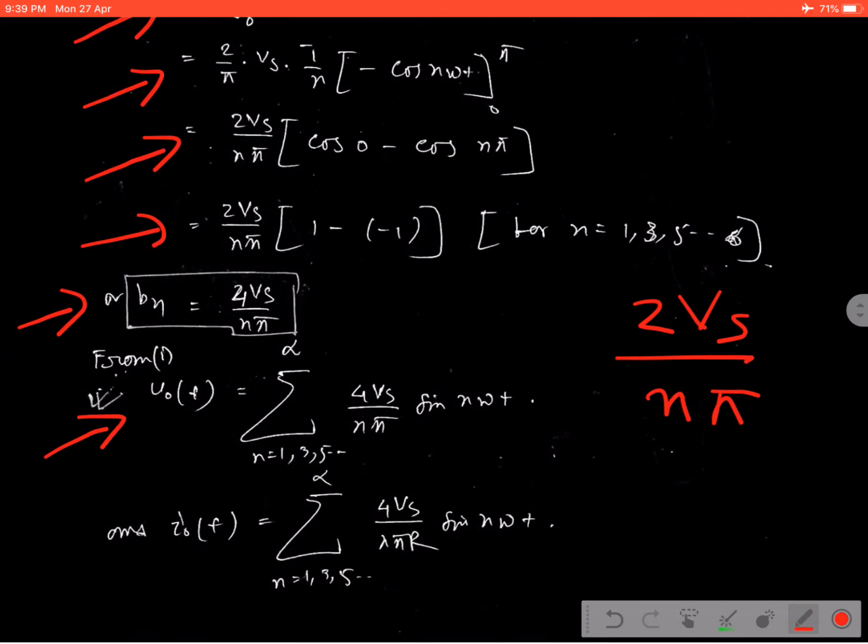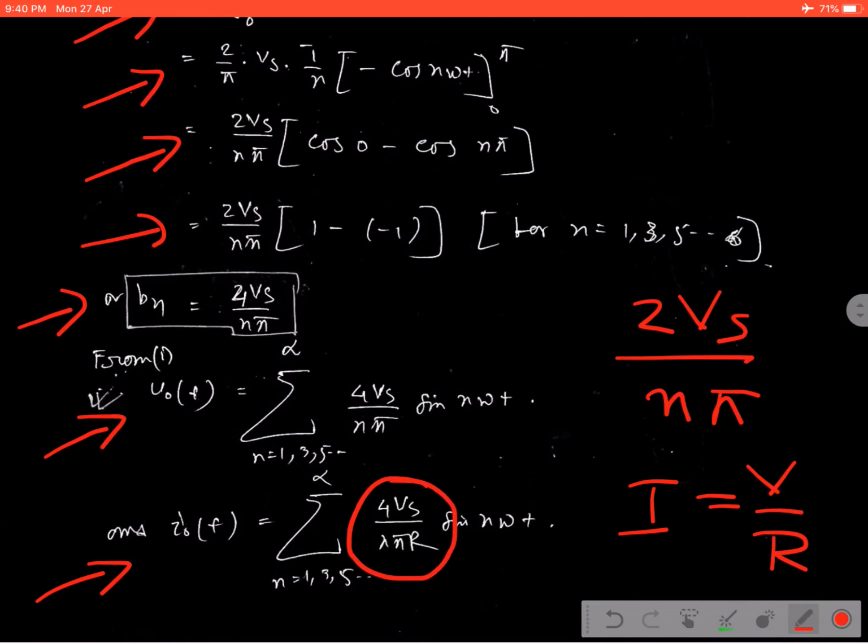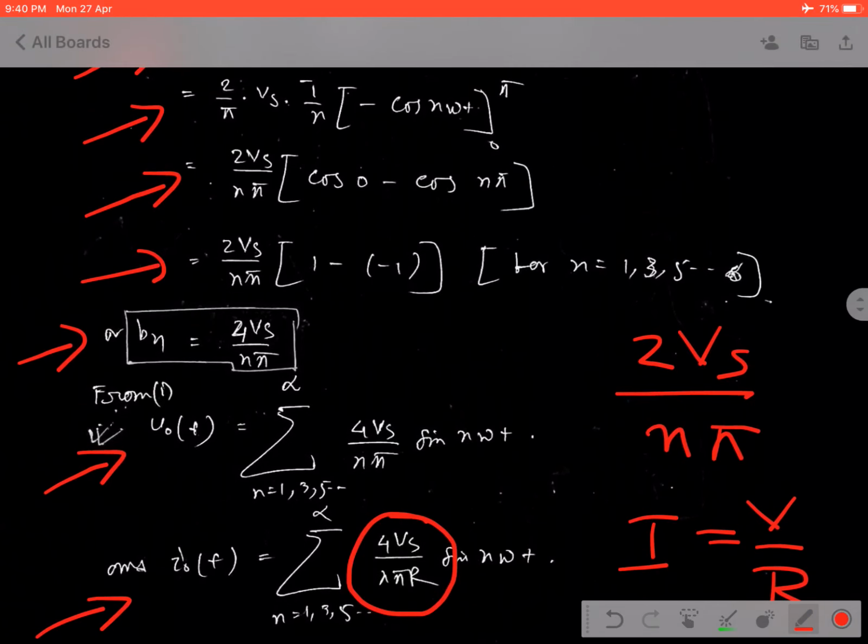Okay, so the output equation for the current: as the resistive load R load is there, then the output current I0 equal to V by R, that means 4 Vs by n pi R. So this is the output equation. This is all about the operation and the equations. Thank you.